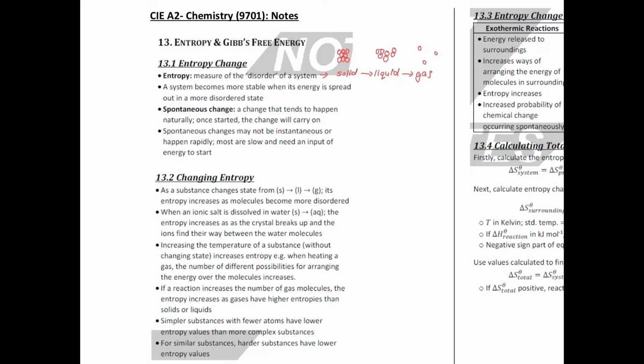So when you go from left to right, the disorder increases. That means it becomes more and more disordered. And the concept of entropy is, if disorder increases, then the entropy increases.